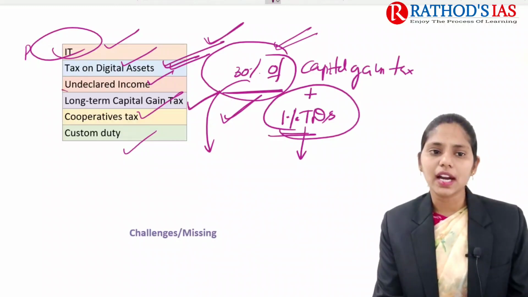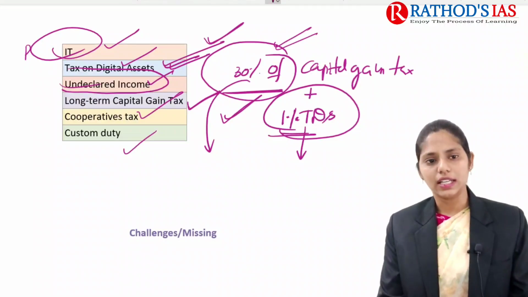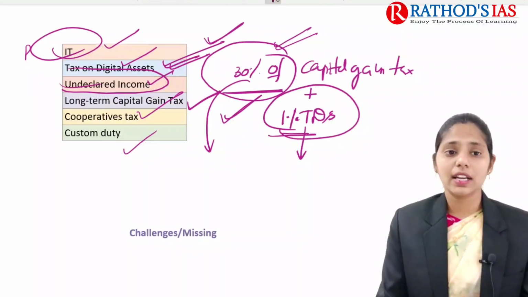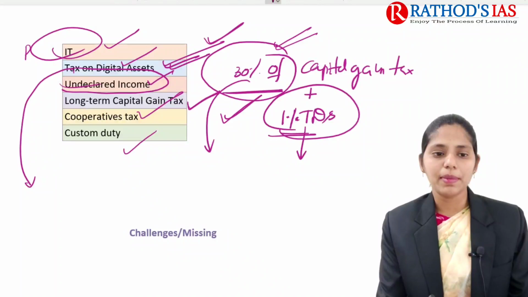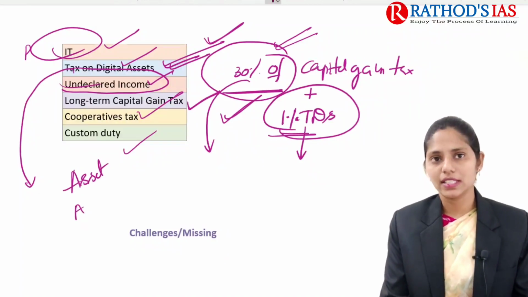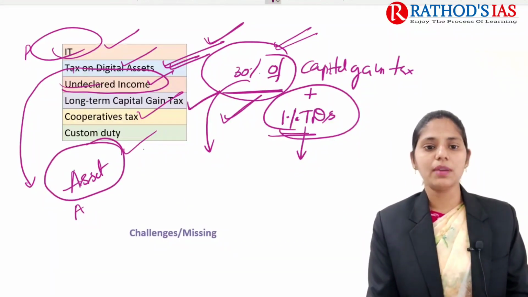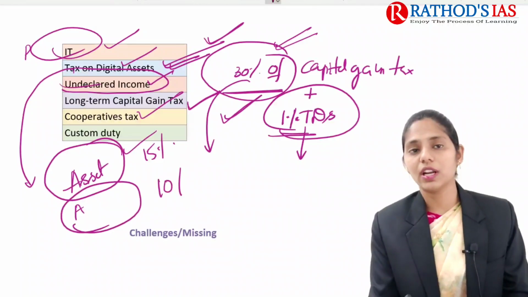And next one is regarding undeclared income. So what is this about? Before talking about undeclared income, regarding digital assets I have to make one point. For example, I am buying one asset and selling another asset. In one asset I got a profit of 15% and in the second asset I got a loss of 10%.